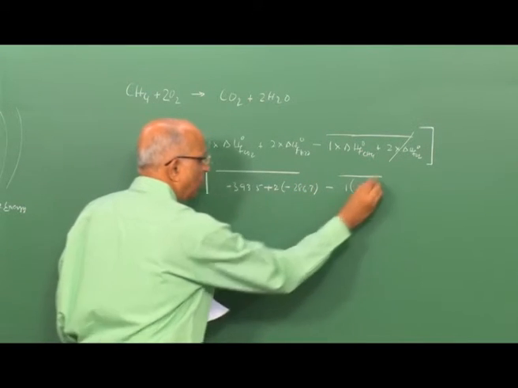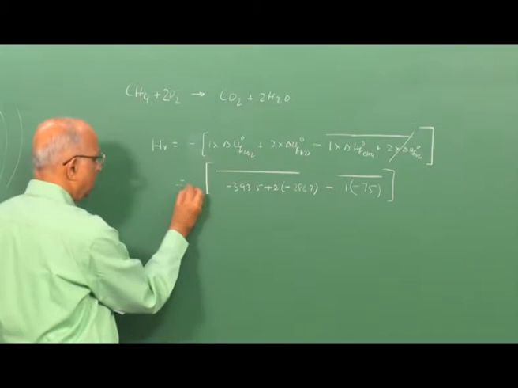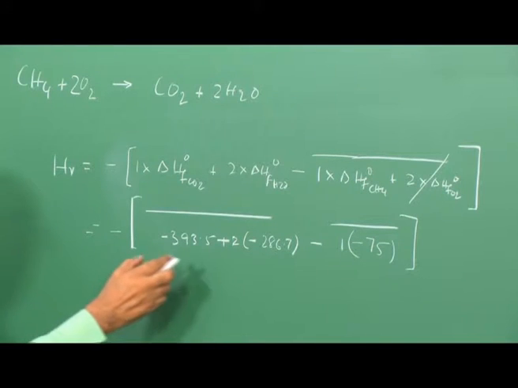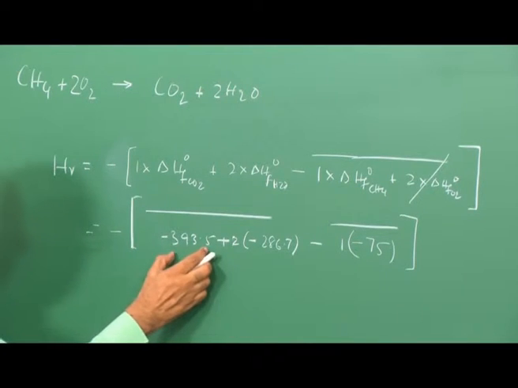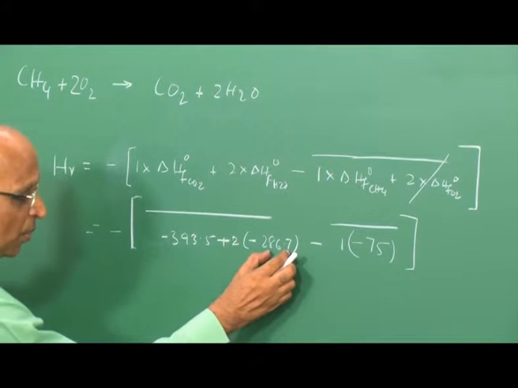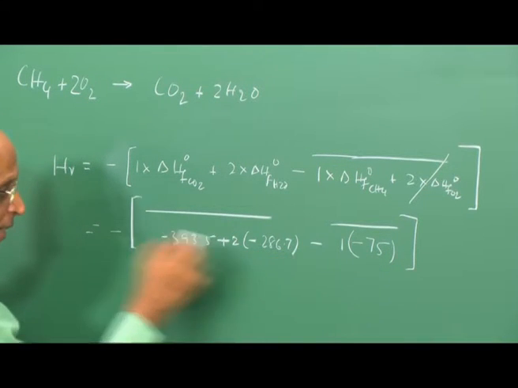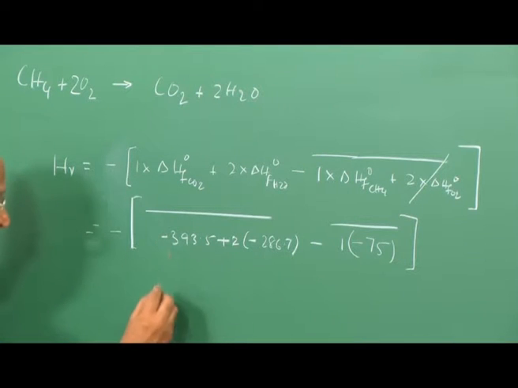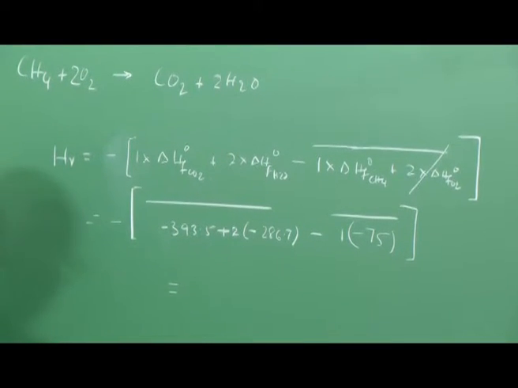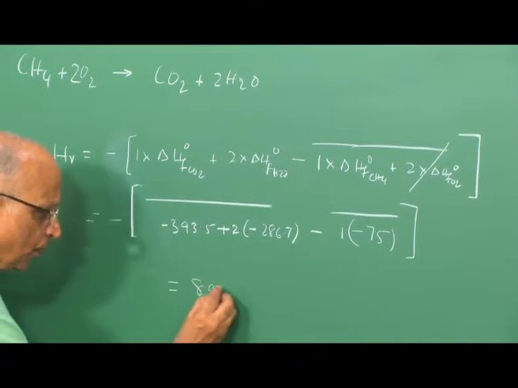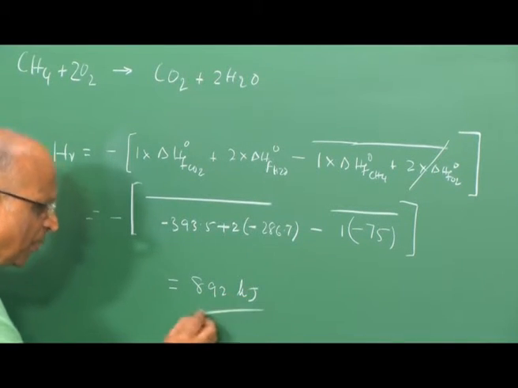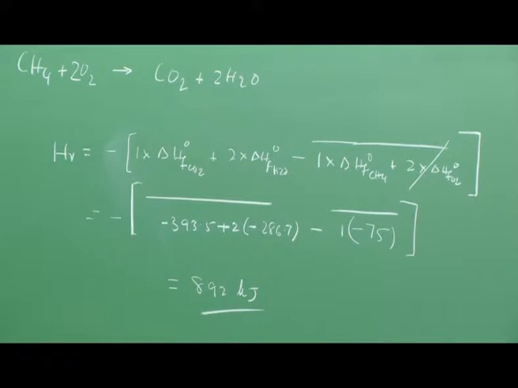This is the value of the energy release with a minus sign, and therefore I get plus 393.5 plus 2 into 286.5, minus and minus becomes plus, minus 75, and the heat of this reaction works out to be 892 kilojoules.